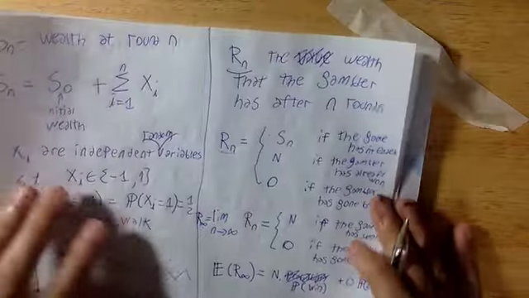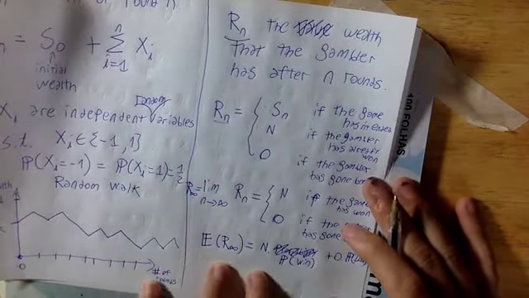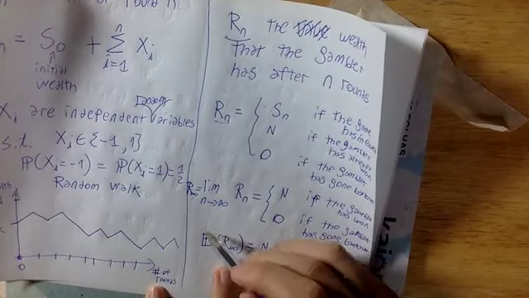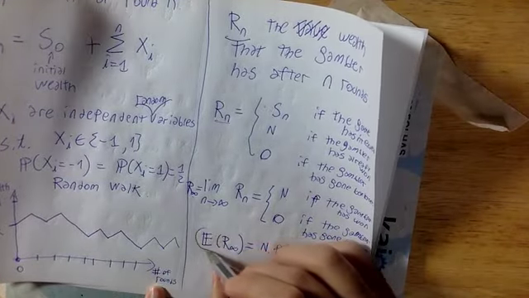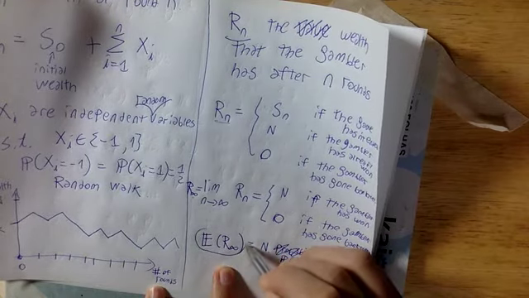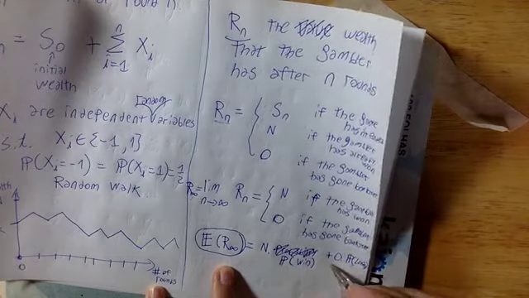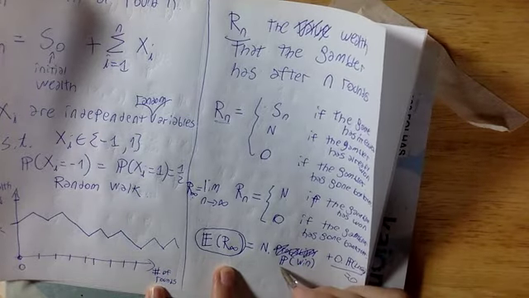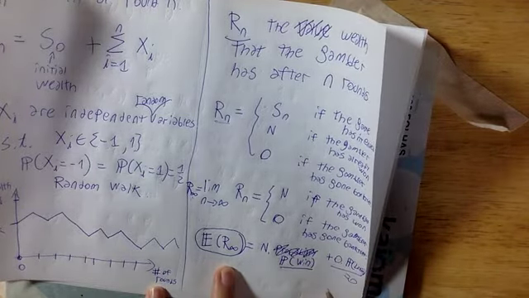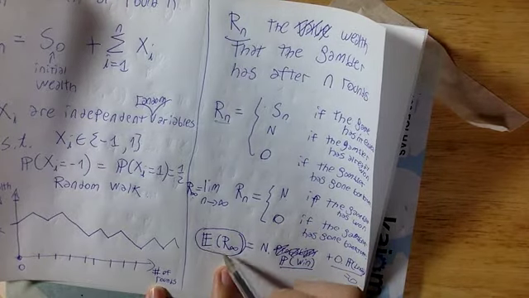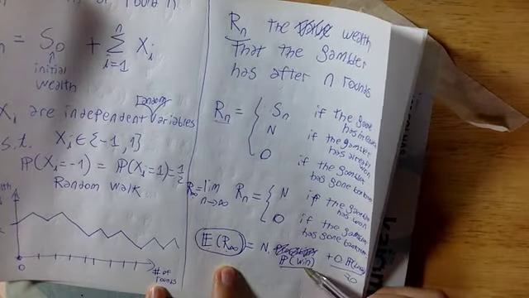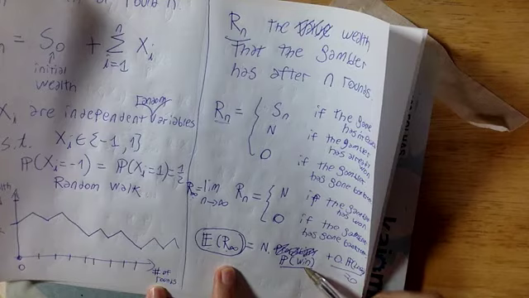Once you have written this in such a simple way, if we can compute the expectation of R infinity, we can use this formula to check what is the probability of winning. So just checking the expectation of R infinity is enough to determine the probability of winning.